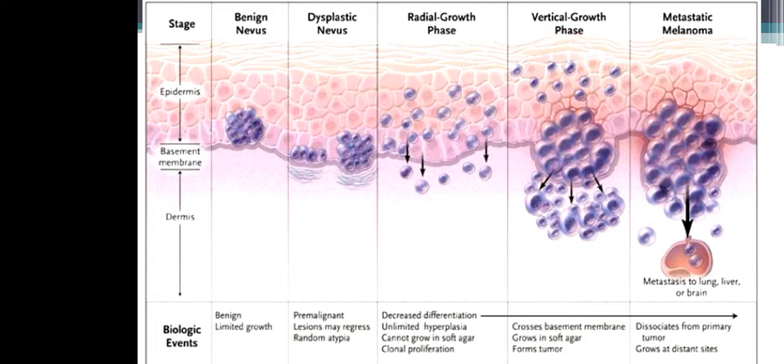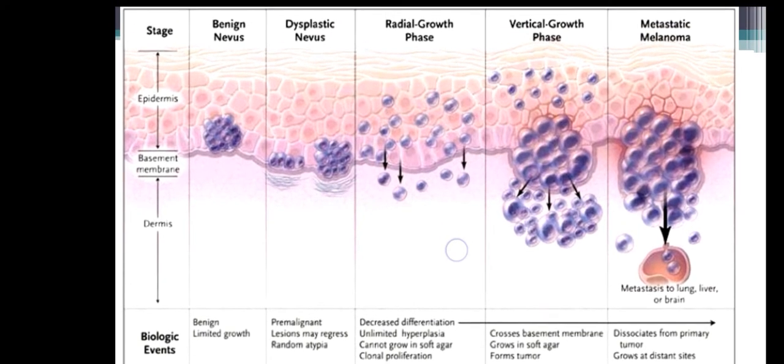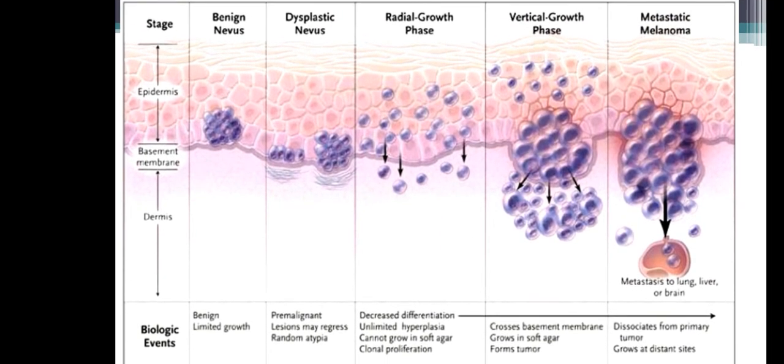What happens when it evolves into melanoma? The first phase is a radial growth phase. What is this radial growth phase? It grows radially, along the epidermis. Linear growth.